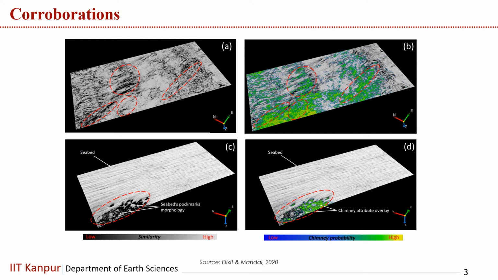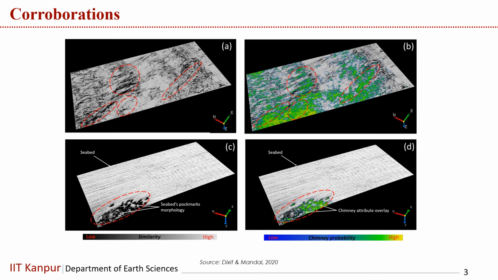In figure B, you can see a co-rendering of the processed chimney probability. So you can easily identify that where the similarity is low, we are seeing a perfect overlap of green patches.